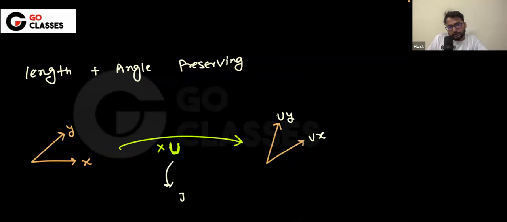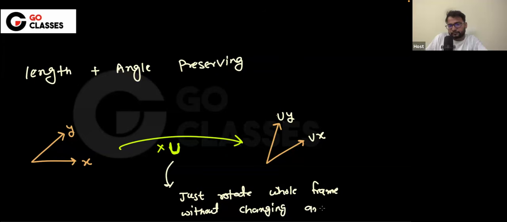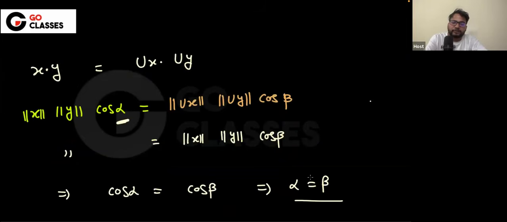You just rotate the whole frame without changing anything else. So that's what angle and length preservation mean.